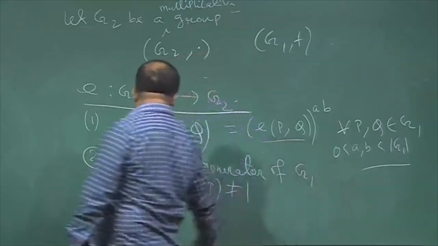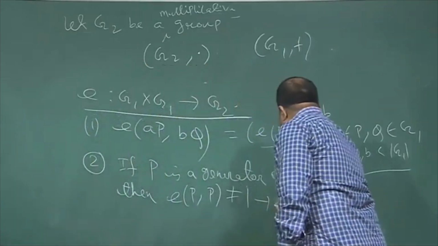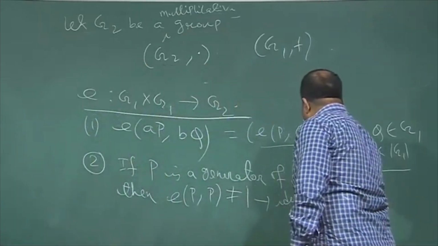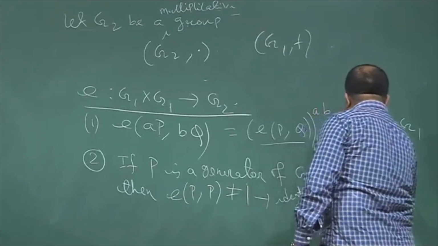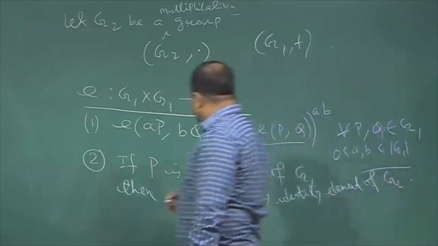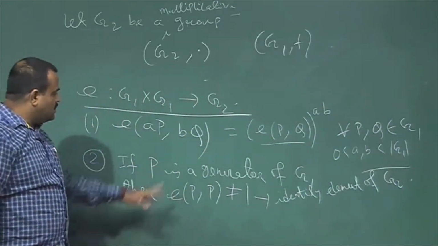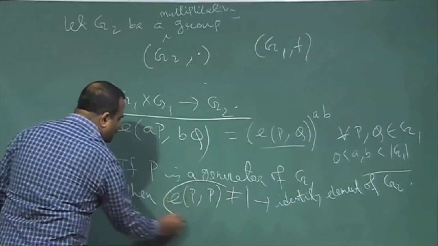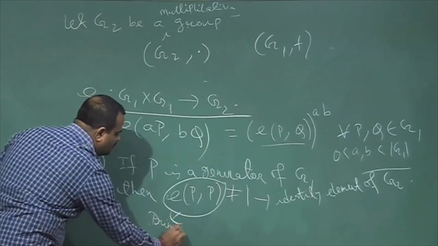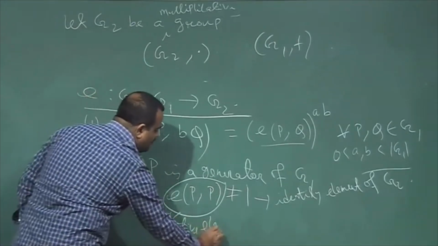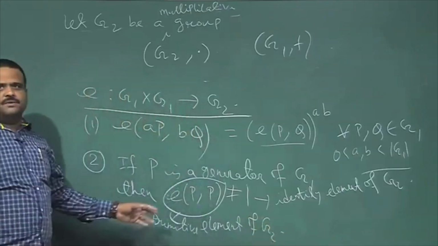What is 1? 1 is the identity element of G2. So if it is not the identity element, then it must generate this group. Basically, this is a generator or primitive element of G2, given that P is the primitive element of G1.